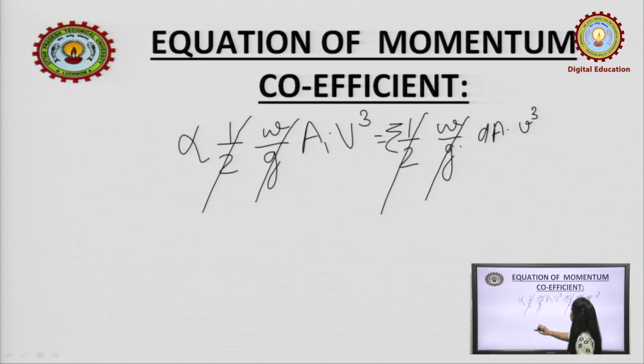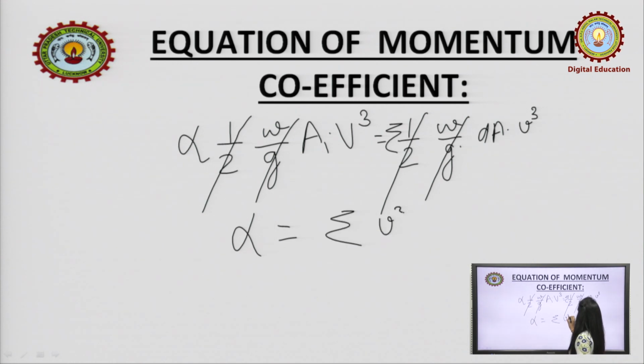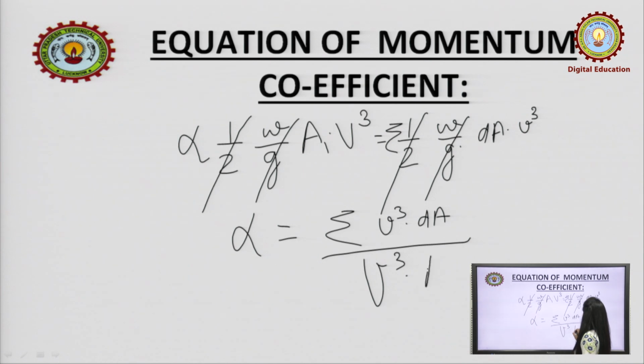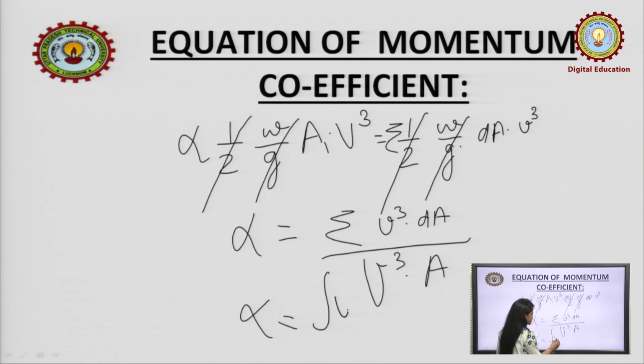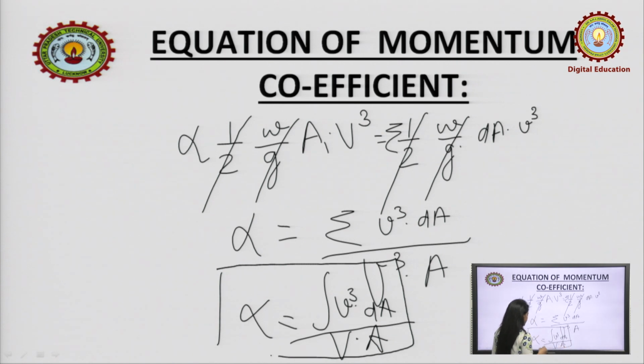Alpha is nothing but the summation of v cube dA by capital V cube into A, or alpha is nothing but the integration of small v cube dA upon V cube into A. This is the energy correction factor alpha, and we can calculate the value of alpha by this formula.